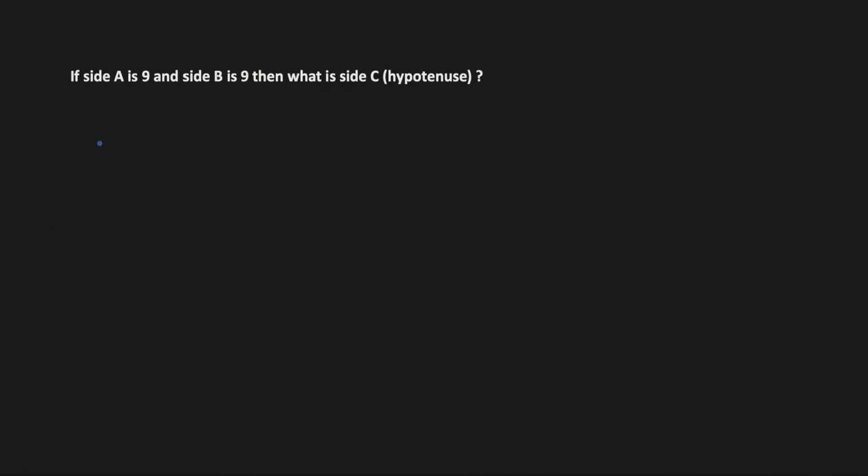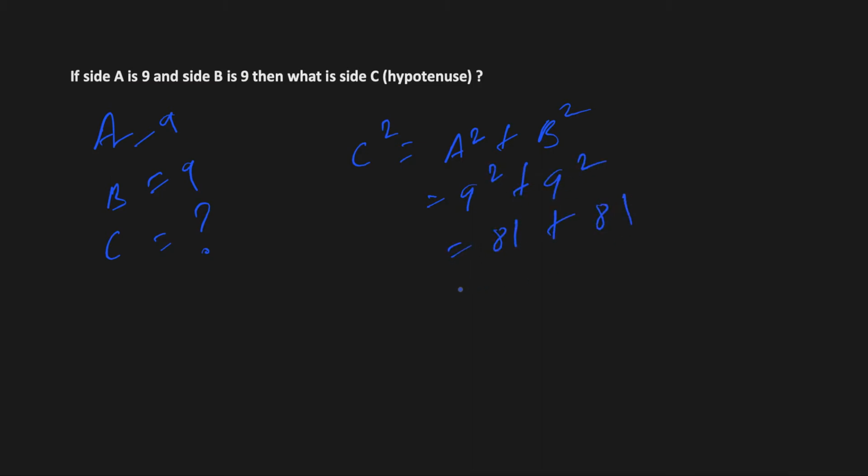Okay, let's look at a couple more examples. Let's say for this a is 9, b is 9, and we have to figure out what c, which is our hypotenuse, is. Again, using the formula, we know that c squared is equal to a squared plus b squared, which is 9 squared plus 9 squared, 81 plus 81. I can also write this as 81 times 2.